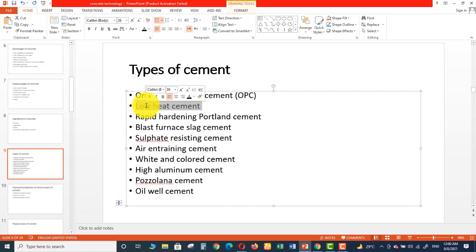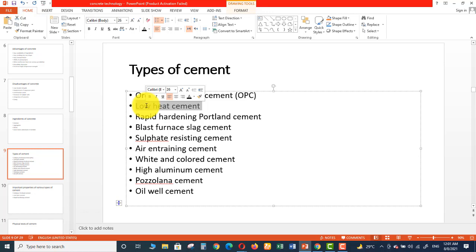So it contains a low percentage of tricalcium silicate and dicalcium silicate. The second important point related to low heat Portland cement is that it contains less lime than OPC. So the quantity of lime in low heat Portland cement is less as compared to ordinary Portland cement, OPC.